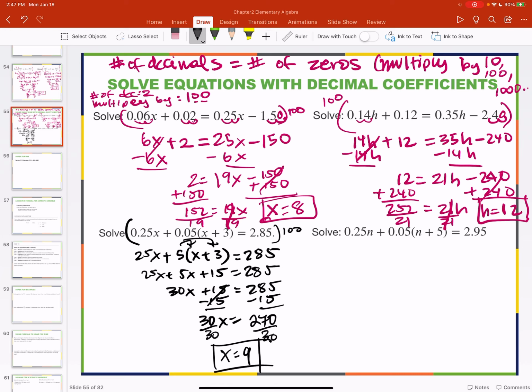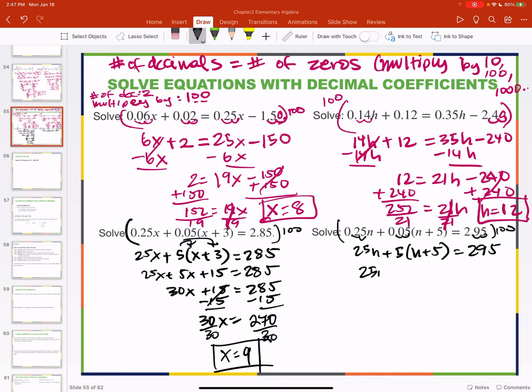Okay. All right, so this last one, same kind of thing. We're going to multiply by 100. And you get 25n plus 5 times the quantity n plus 5 is equal to 295. So again, we got rid of the decimals.